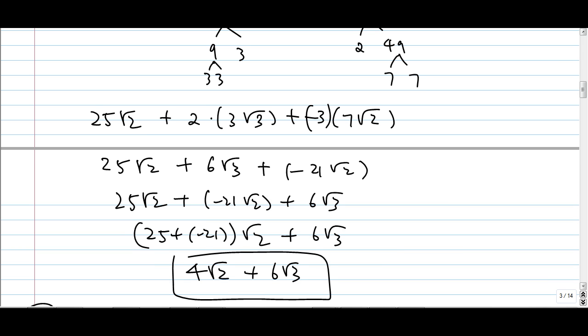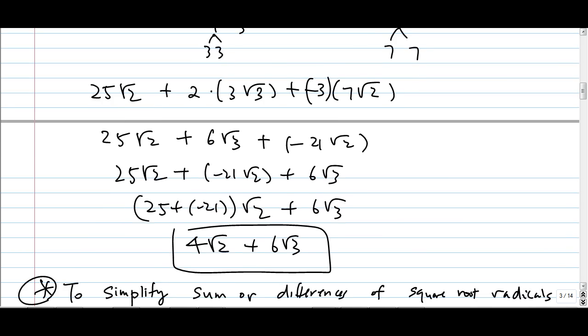Okay, let me summarize what we just did. To simplify sums or differences of square radicals, what's the very first step? Just like in this problem, you should always simplify.